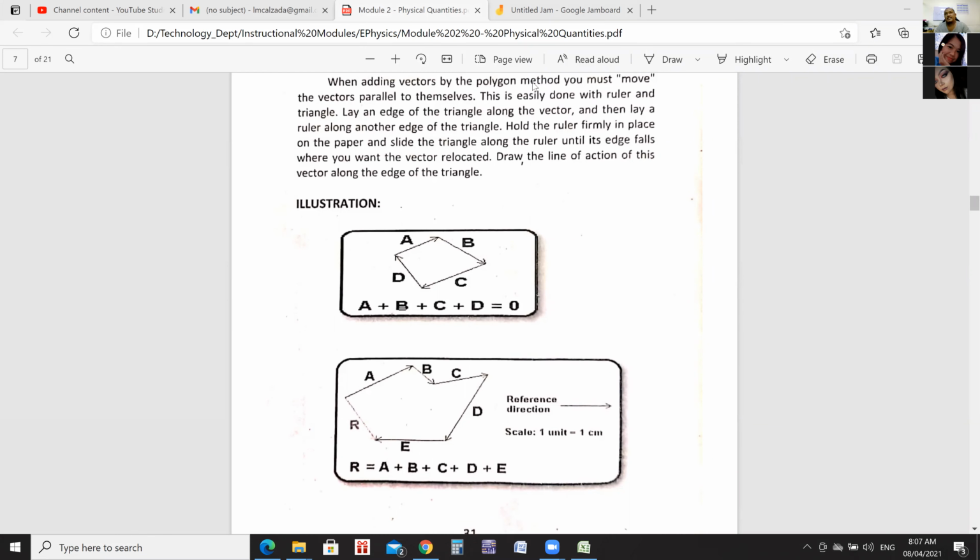So what I'm trying to say is that if you have 5 Newton, you do scaling, your quantity, you scale it into a length. For example, maybe you say 5 Newton is equal to 5 centimeters, so that if you have 10 Newton, you will also have 10 centimeters. Then we are going to make use of a protractor and a ruler.